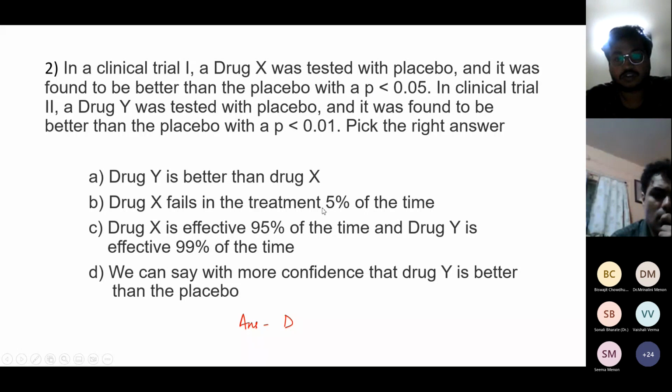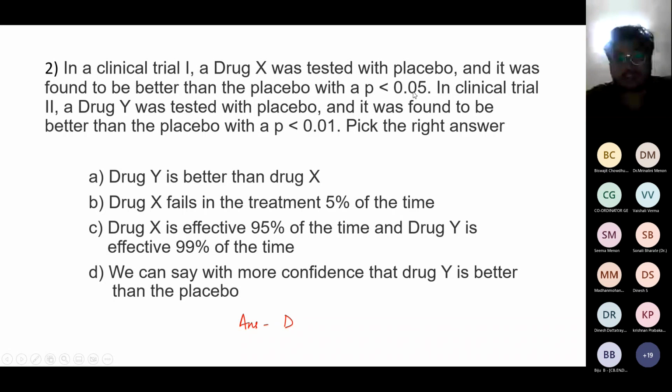If we were given that the p-value in the first case was 0.05, then we could have made a statement like drug X fails in the treatment 5% of the time. But since the p-value is less than 0.05 and we don't know what it is, we cannot make this exact statement. The same goes for option C.